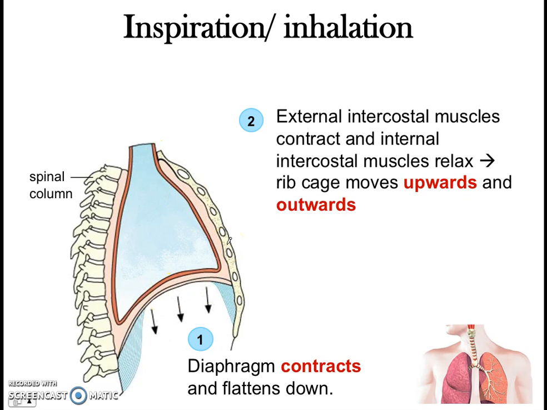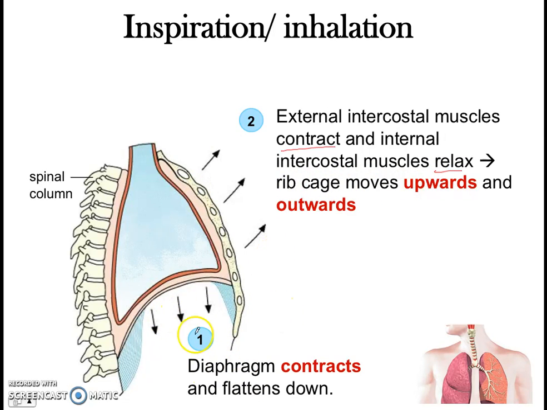Secondly, the external intercostal muscles will contract while the internal intercostal muscles will relax. Remember, the external intercostal and internal intercostal muscles are antagonistic. So in this case, the external ones contract while the internal ones relax. Now this together results in the rib cage moving upwards and outward, like that.